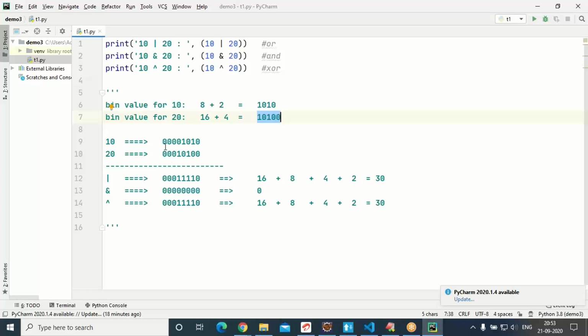Try representing it in a total of 8 bits, 1 byte containing 8 bits. On the left side you can concatenate zeros, and whatever is there remains. This is the binary representation for 10 and for 20.